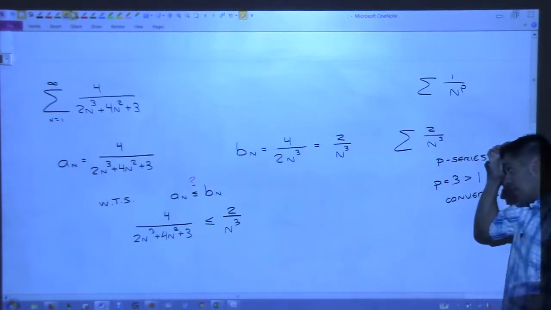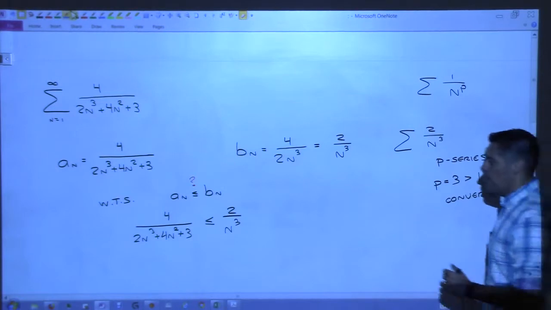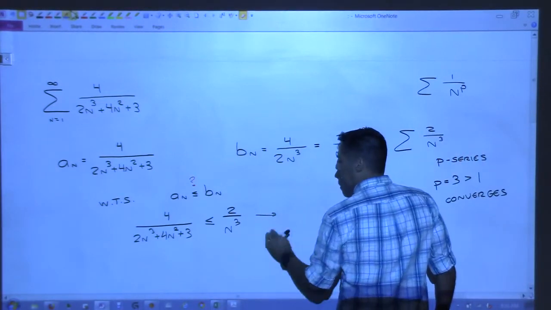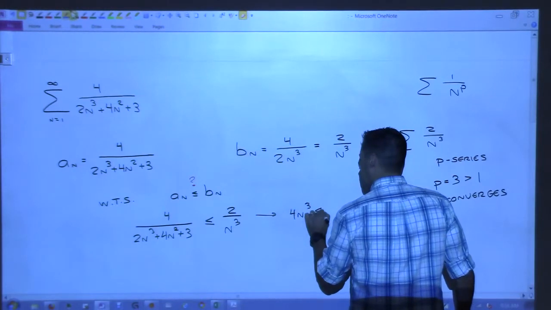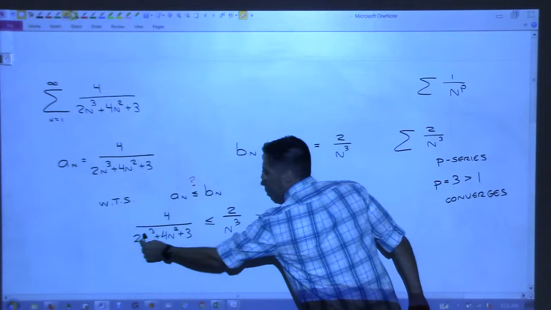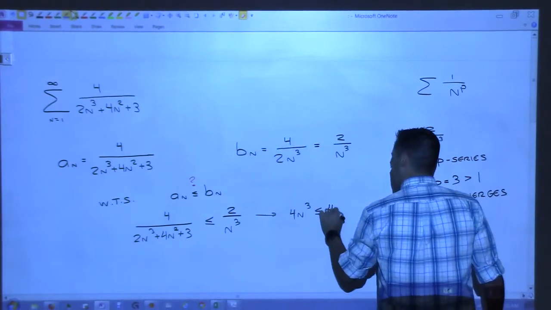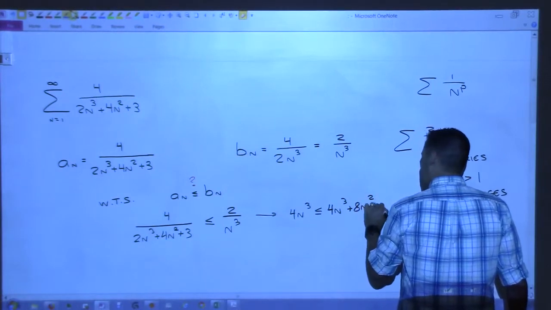Now, to figure out if this is true, let's just cross multiply, okay? And when we do that, what do we get here? If I go here to here, 4n cubed, less than or equal, see, this is still a question mark, I don't know. And then 2 times all of this, right? Which makes that 4n cubed plus 8n squared plus 6.